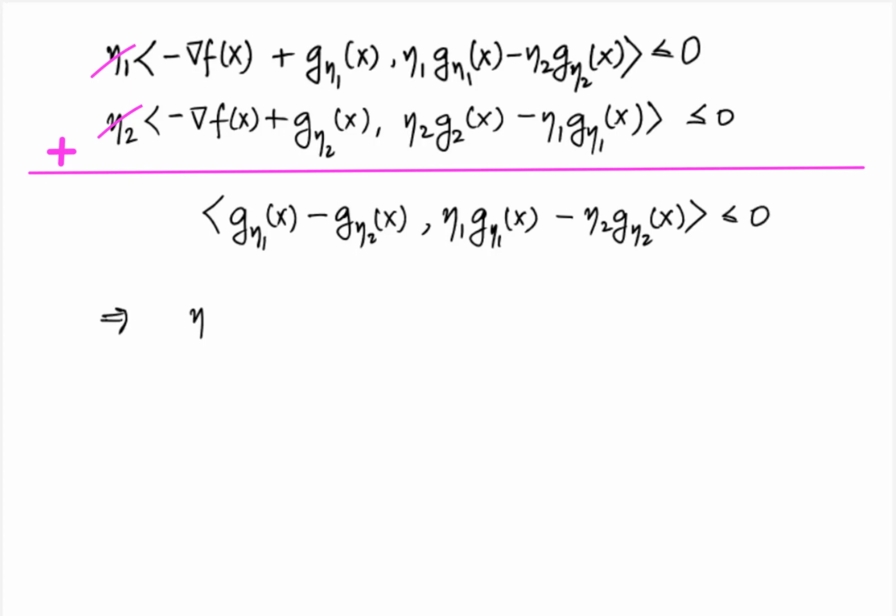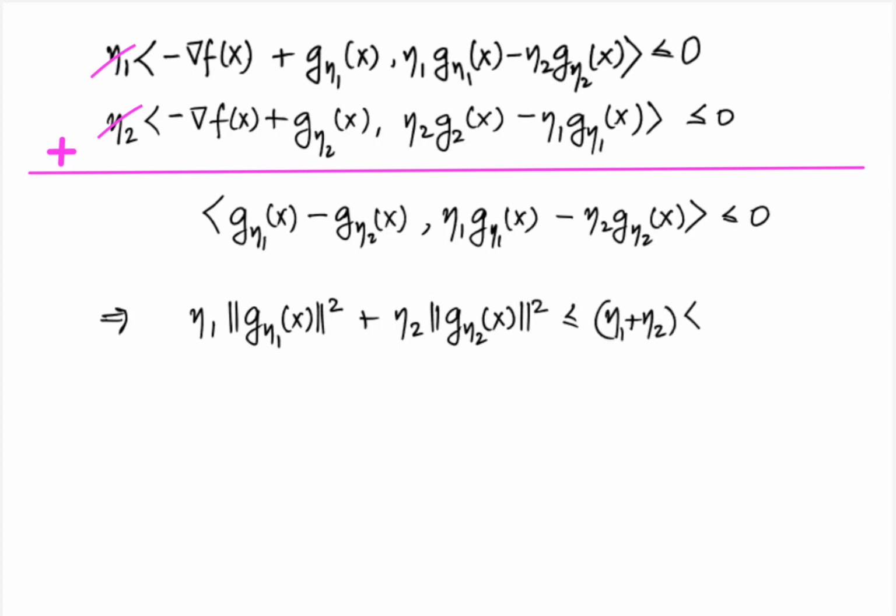So now let us expand this so as to get eta 1 norm square of g eta 1 of x plus eta 2 norm square of g eta 2 of x less than or equal to eta 1 plus eta 2 inner product of g eta 1 of x, comma, g eta 2 of x. And then we will use the Cauchy-Schwarz inequality on the last term so as to get that it is less than or equal to eta 1 plus eta 2 norm of g eta 1 of x times norm of g eta 2 of x.